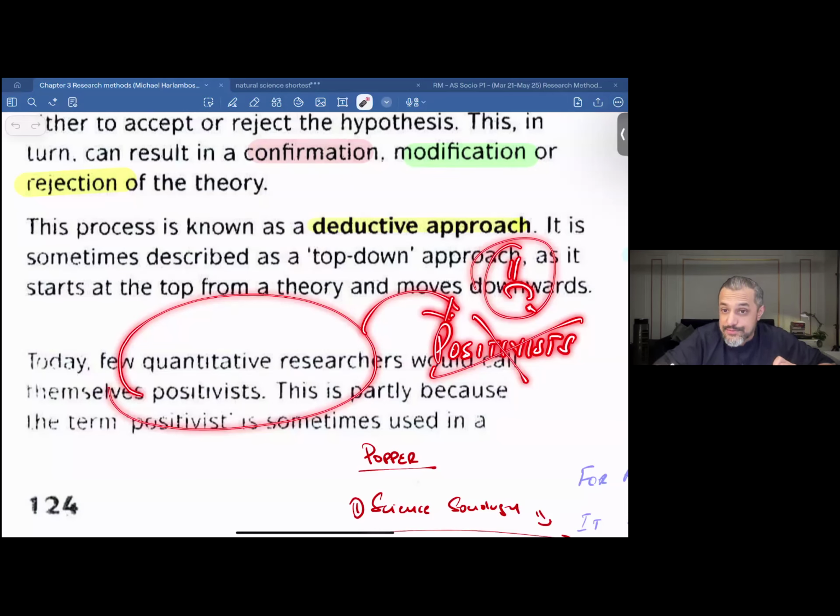According to the positivist perspective, we would eventually have laws on human behavior. According to Auguste Comte, the person who coined the word sociology, we would eventually have laws on human behavior.